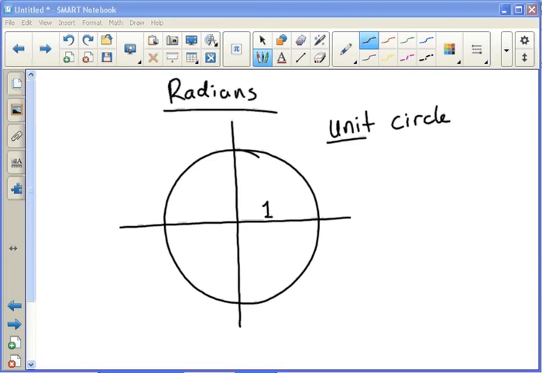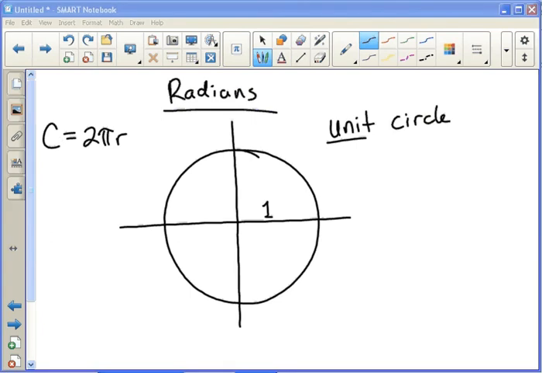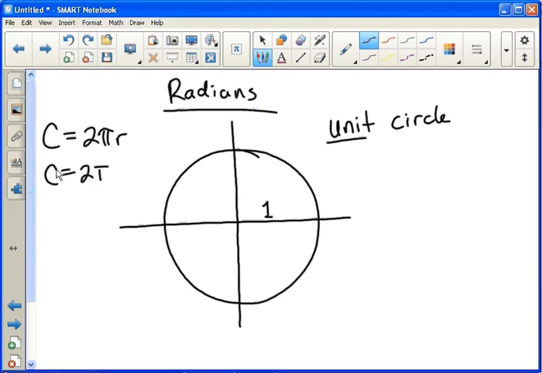And before, we talked about it being 360 degrees around. But let's actually think about the distance around. We call the distance around the edge of a circle the circumference. And if you remember, the formula for circumference is 2 pi r. Well, for this unit circle where the radius is 1, you would just plug in 1 for r. So your circumference is 2 pi, meaning the distance all the way around.